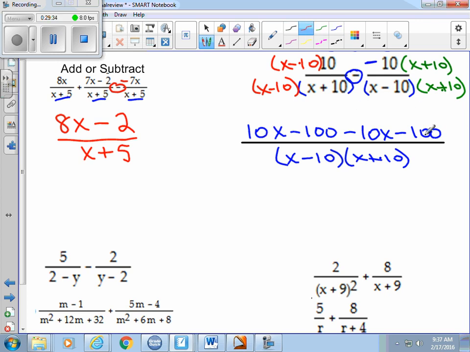The negative 100 minus 100 is negative 200. What about the tens? Positive 10x, negative 10x. Cancels, gives you 0. So it's negative 200 over x minus 10 and x plus 10.